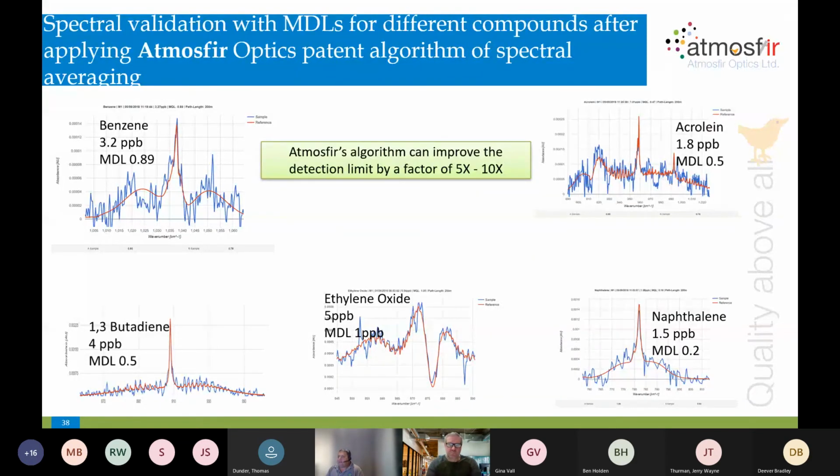Here are a few examples: ethylene oxide with a detection limit below 1 ppb, where what you see in the picture is just 5 ppb; benzene at 0.9, where you can see just 3 ppb; or acrolein with a half ppb detection limit.